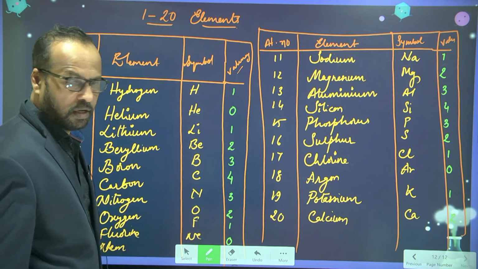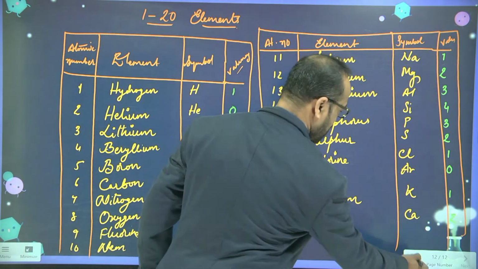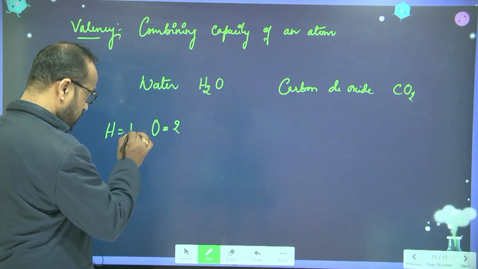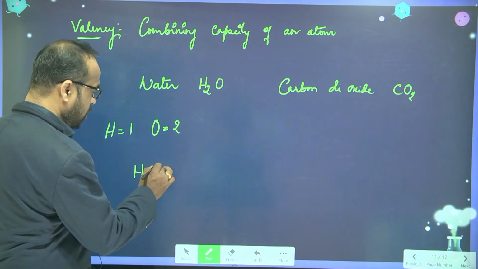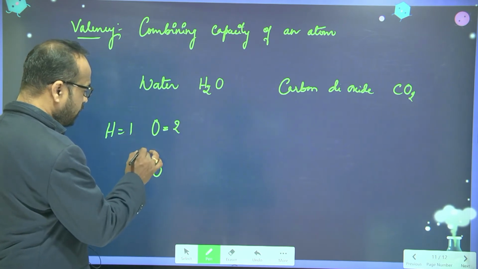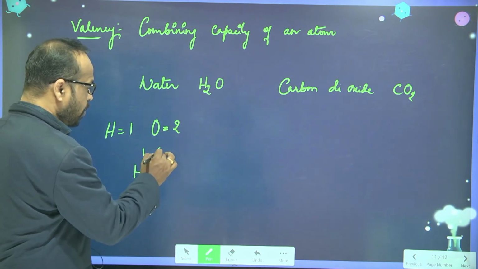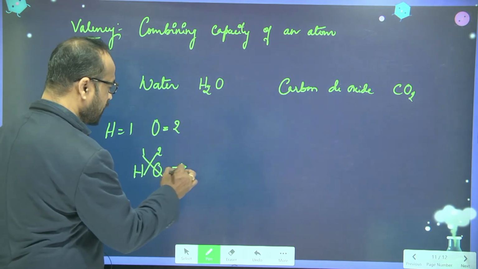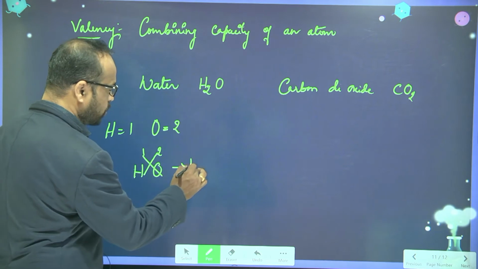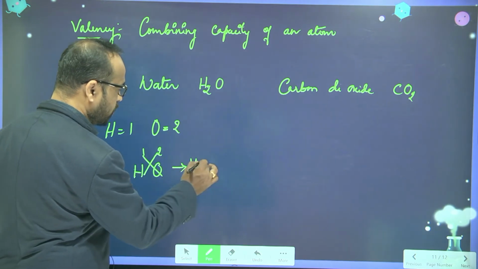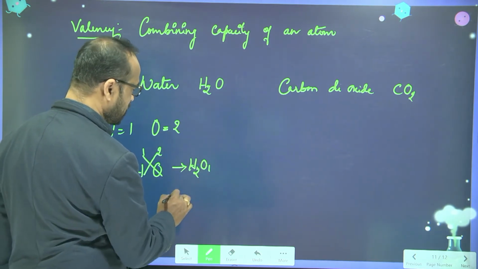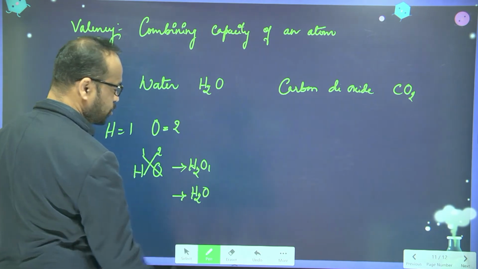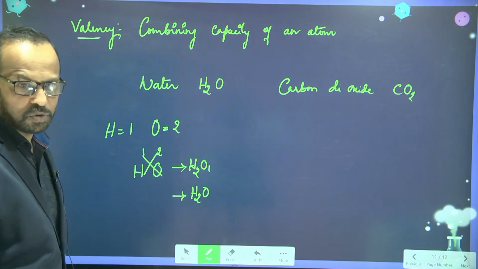Okay. So this is combining capacity we can say. So what we do is, hydrogen and oxygen we write here. We write the valency of hydrogen here, valency of oxygen here, then we crisscross here. So what happens here? This 2 is coming to hydrogen and 1 is going to the oxygen. Whenever 1 is there, you need not write the 1. So the formula is H2O. So this is the formula of H2O students.